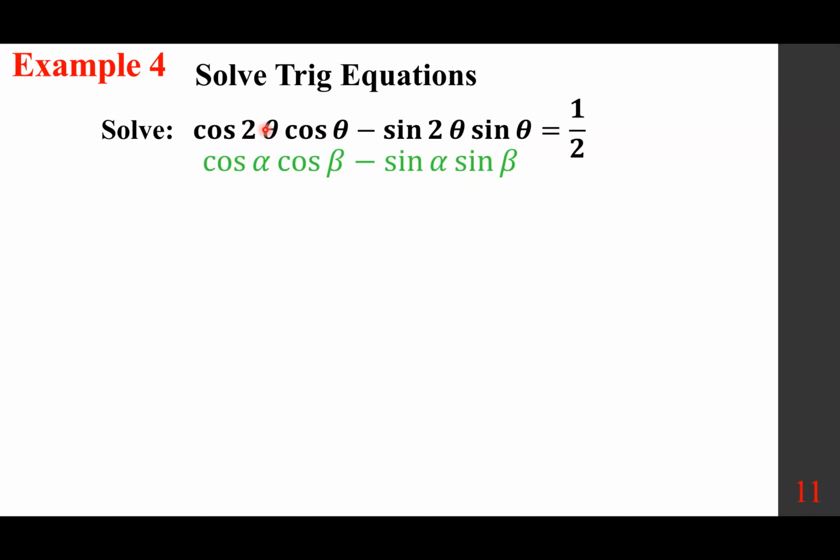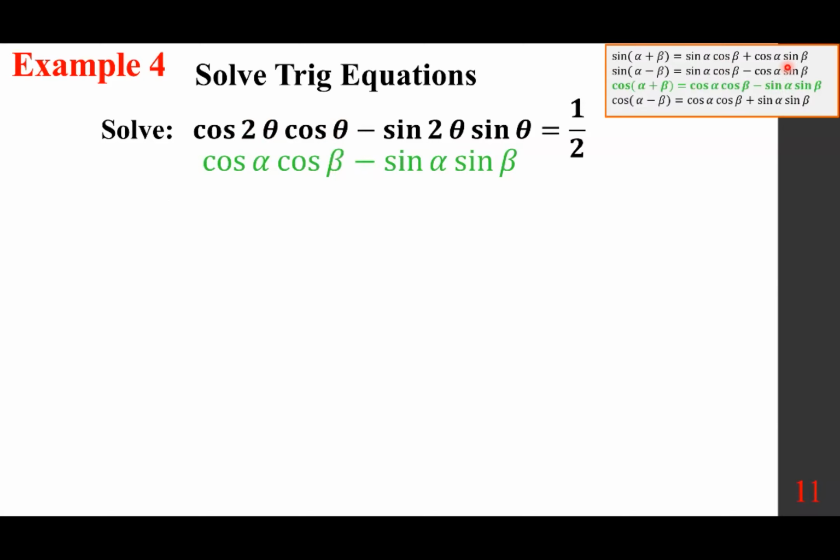Think of this as alpha, think of this as beta, and reminding you of the formulas here. So what we are looking at is this one, everybody. Cosine of alpha plus beta is cosine alpha cosine beta minus sine alpha sine beta. This is the formula we're going to use.